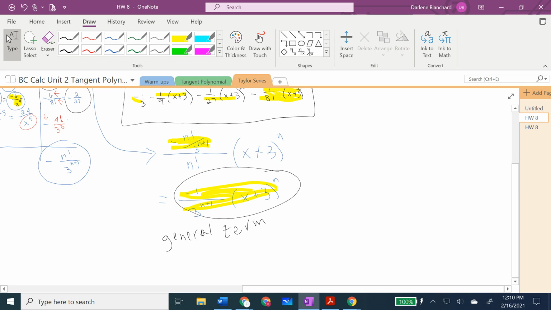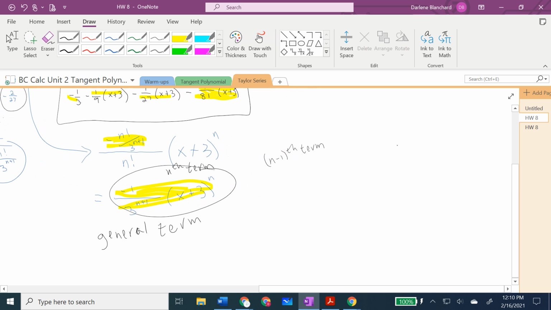What does that mean? If this is the nth term, another general formula would be the n minus 1th term. That is also a general formula. The n plus 1th term is another form of a general term. If I want the n minus 1th term, I literally put into all of the n's n minus 1.